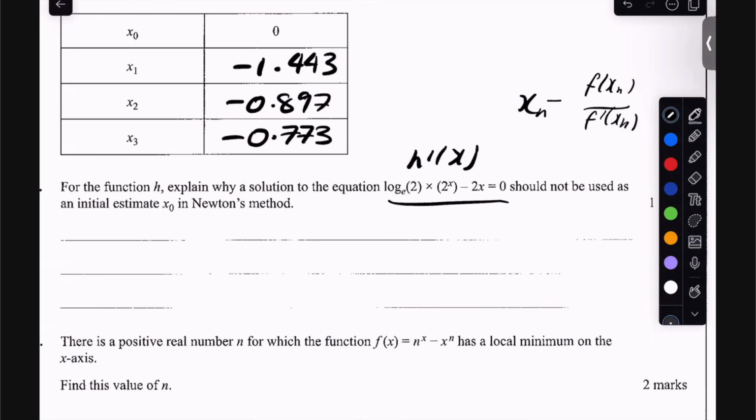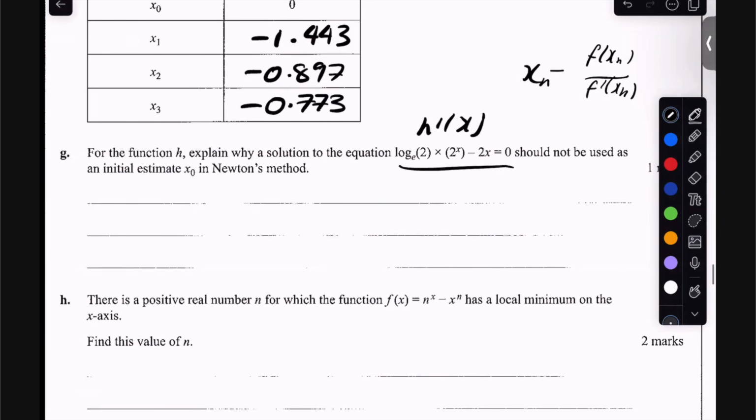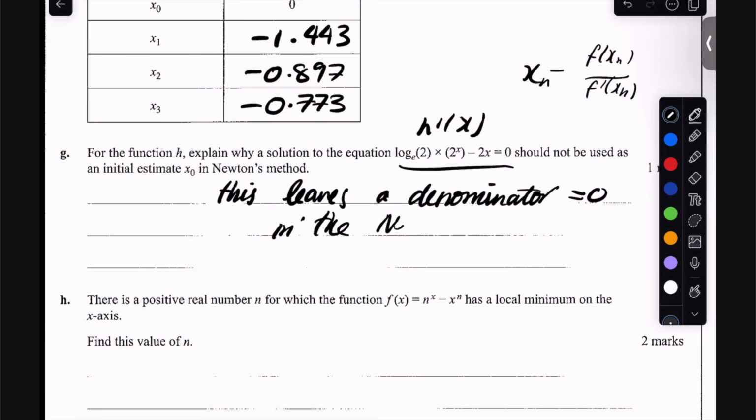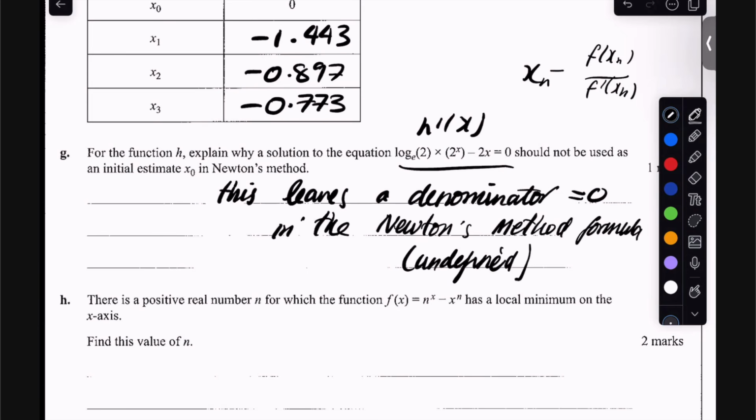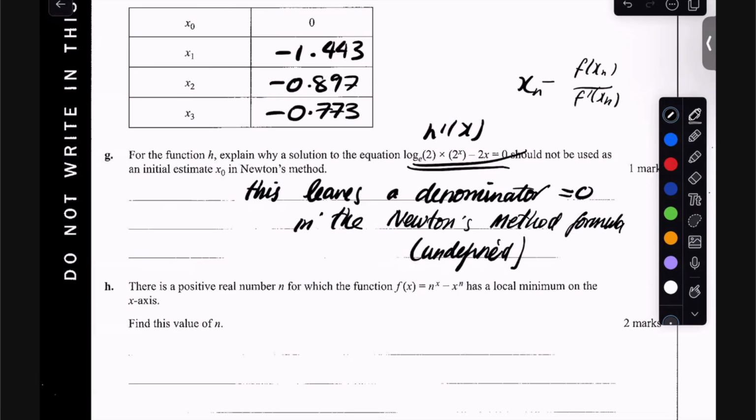So this leaves a denominator equal to 0 in the Newton's method formula. And you can say that's undefined. That's just because this is solving when the derivative is equal to 0, and of course you can't plug that in there.